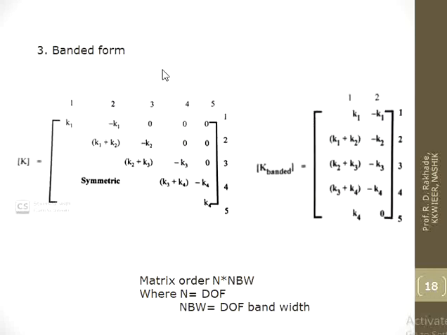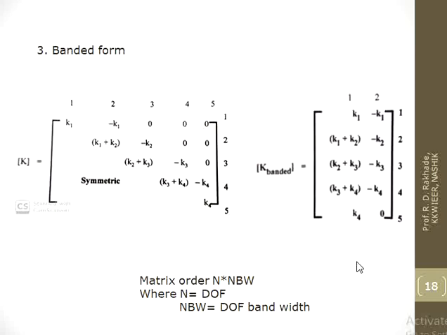Then banded form, where the upper triangle is converted into a vertical matrix. Here we only consider non-zero values. So this is diagonal 1 and this is the upper part of diagonal 2. Just convert into a vertical matrix and count: 1, 2, 3, 4, 5, 6, 7, 8, 9, 10.